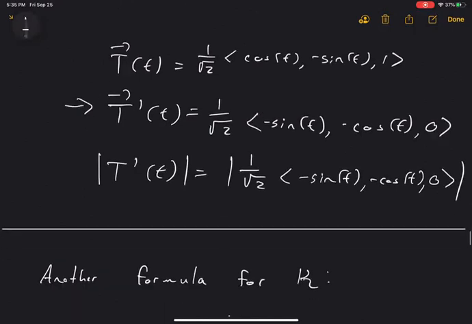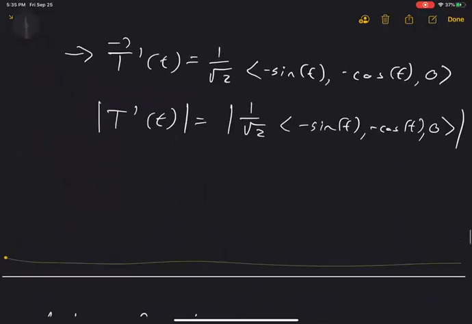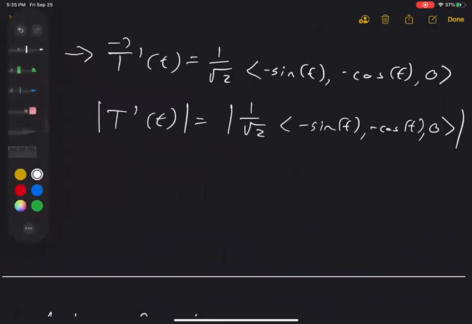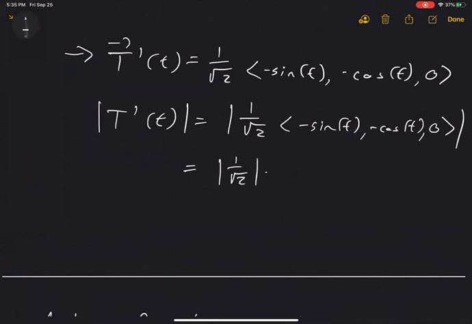And that 1 over the square root of 2, you could multiply it inside your vector and then compute your magnitude that way. Or you could realize that this is the same thing as the absolute value of 1 over the square root of 2 times the magnitude of that vector.